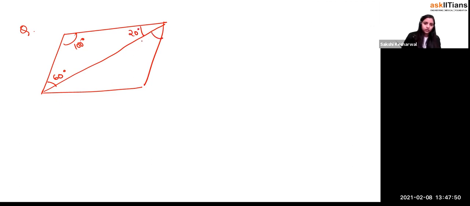This angle is x, and this angle is 90, then this angle is y. Find x plus y. You can see that it is a quadrilateral.